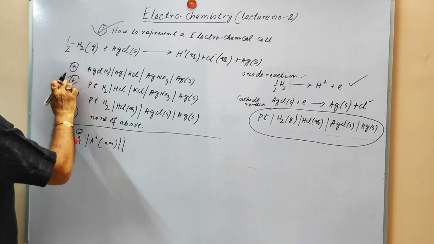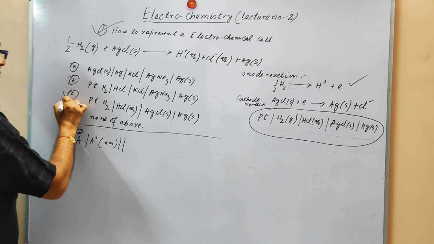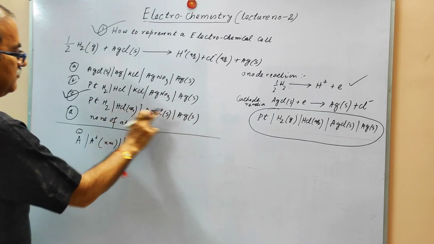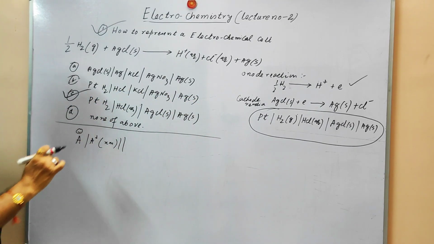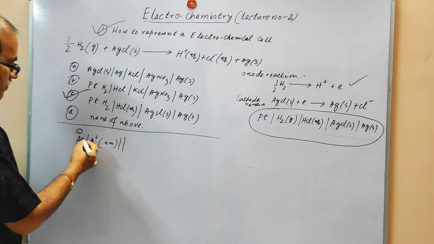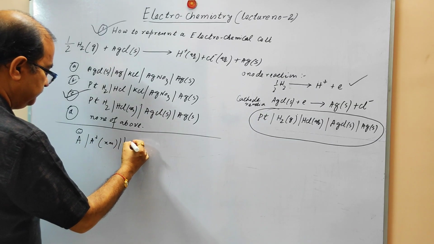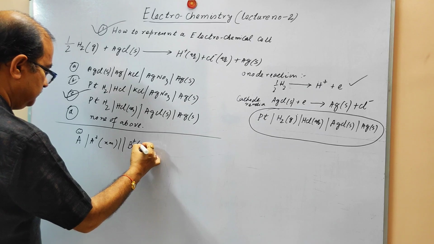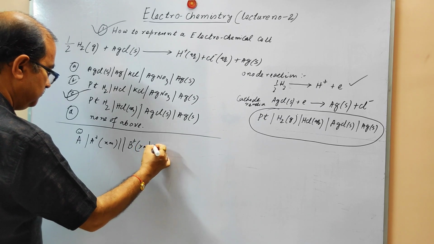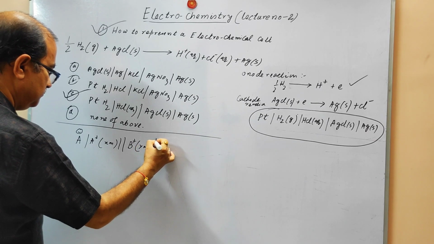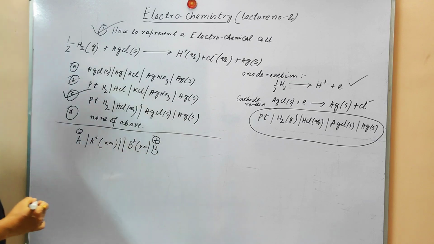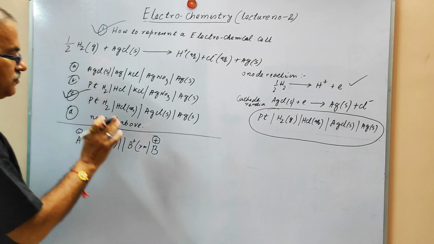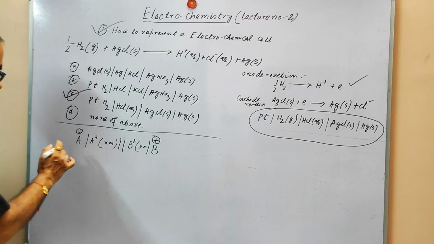Sorry, here it will be, that is wrongly mentioned, that is C. So this is a cell, and from this cell we have to say which type of reaction is going on.